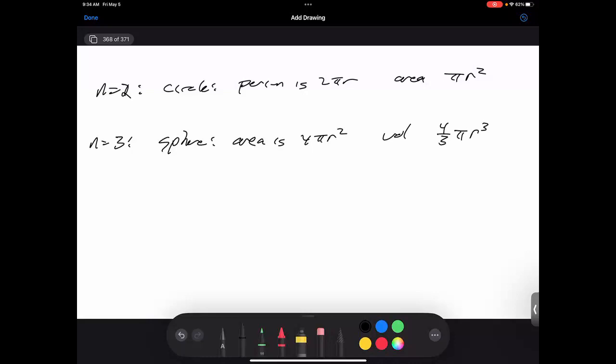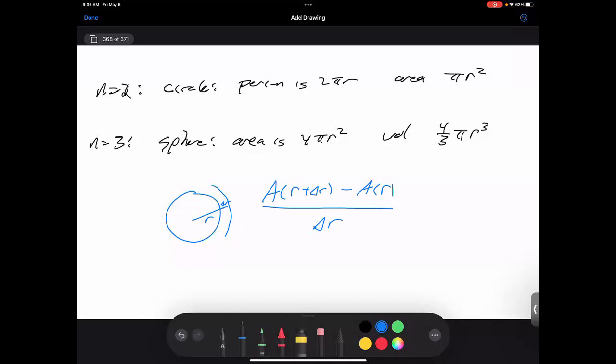The integral of the surface area is the volume, or the derivative of the volume is the surface area. If you imagine what's going on, here's the area with a radius of r, and then I'm going to extend it to r plus delta r. And if I look at area of r plus delta r minus the area of r over delta r, this is going to be approximately equal to the perimeter at r times delta r.